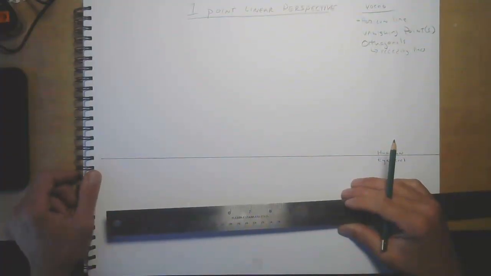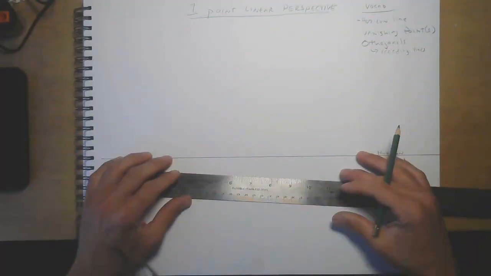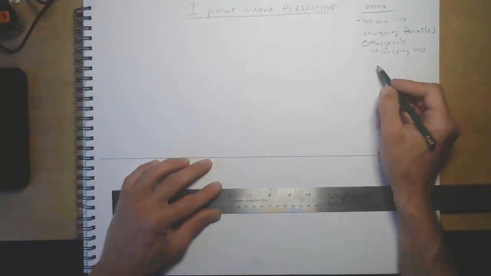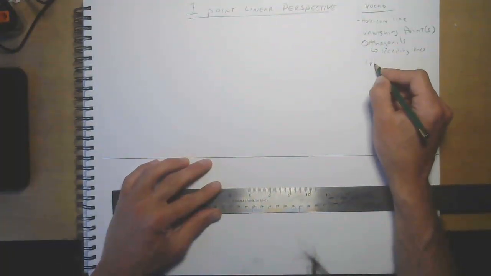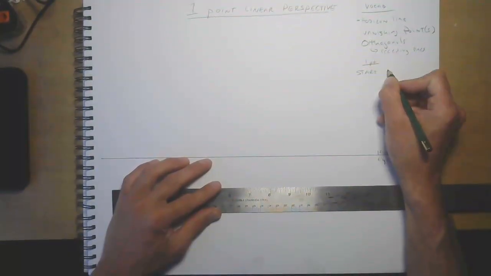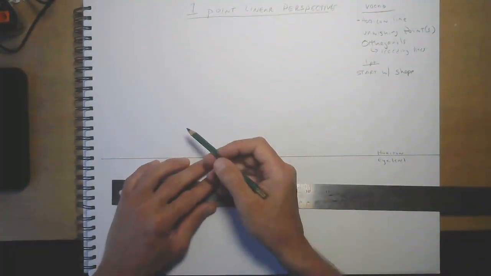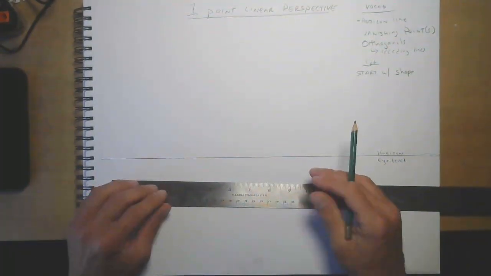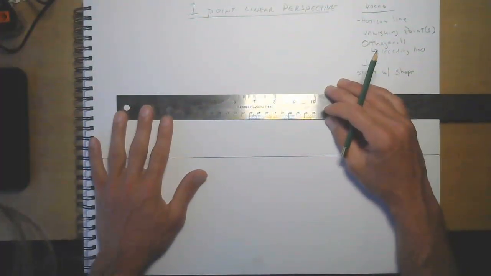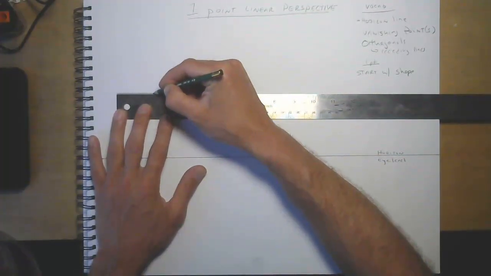So let's go ahead and start with some squares. When I'm starting with 1-point perspective, I start with a shape. That means if I'm trying to draw a cube, I start with a square, right? So I'll just go ahead and draw a square, and we'll do this one above the horizon line.